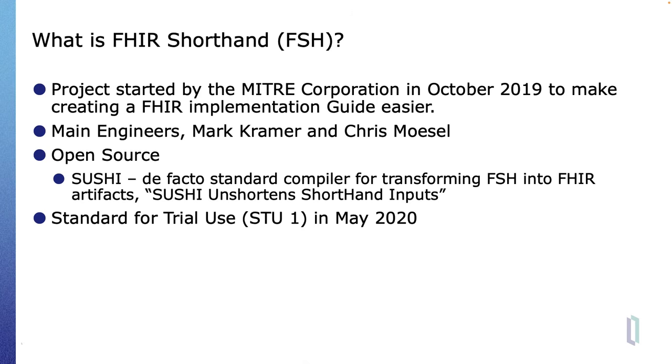Consistency. It enforces consistency in the creation of profiles and extensions by following a well-defined syntax and set of rules. This helps ensure that the FHIR profiles and extensions adhere to the FHIR standard and can be used reliably for interoperability. FHIR Shorthand includes tooling.